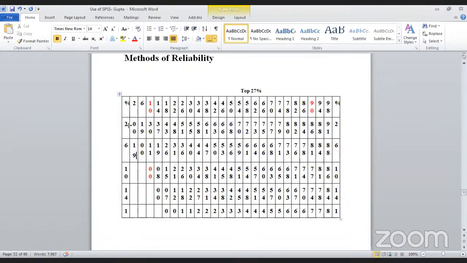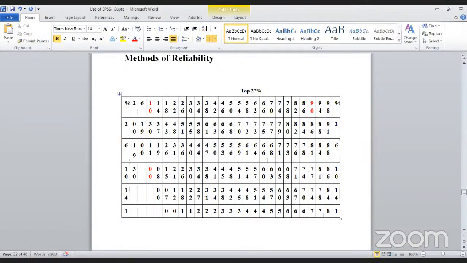Then 2 and 10 is 0.30. And now you know that 2 and 14 is 0.37.